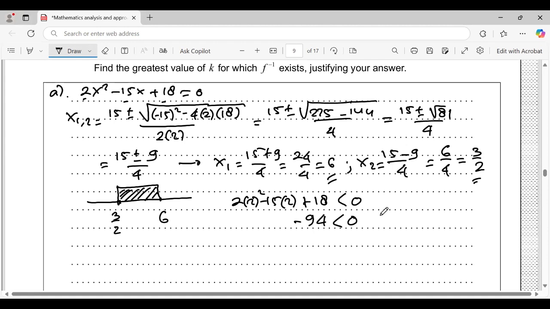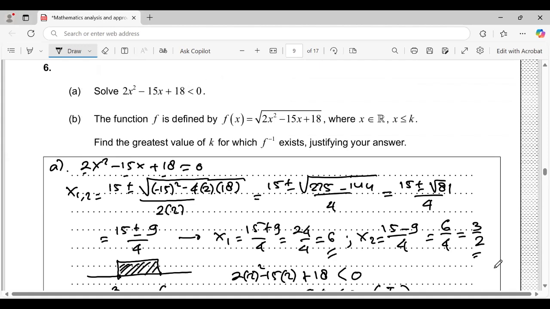This statement is true. It means this interval is the solution area, x greater than 3 halves and less than 6. So this is the area of x.